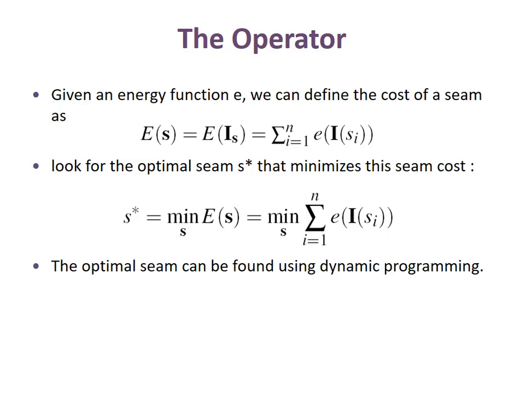So we have a large number of possibilities. We need to calculate which seam has the minimum accumulated energy. So how do you solve this problem? How to determine the seam with the minimal energy?